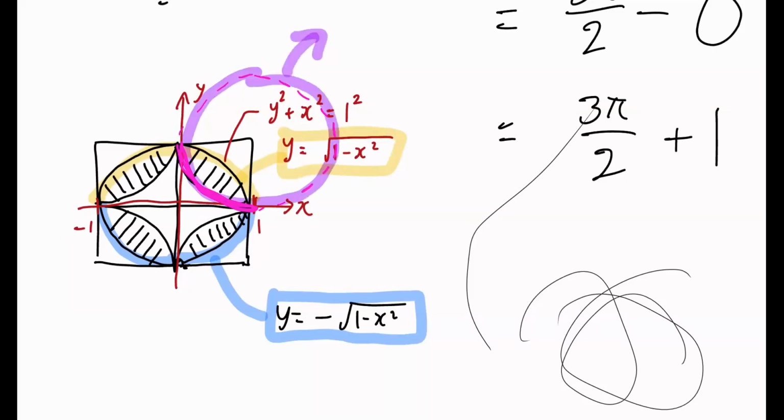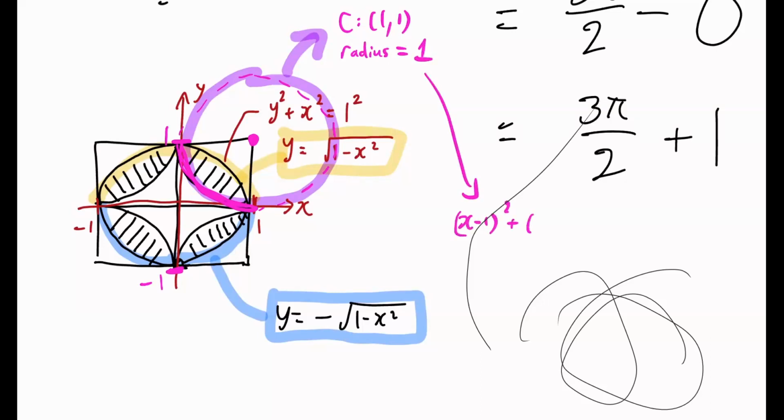What's the center? Center is over here, which is 1 comma, radius is 1, right? So center is 1 comma 1. Radius is 1. So that means equation is x minus 1 squared plus y minus 1 squared equals 1 squared. Do you still remember this?